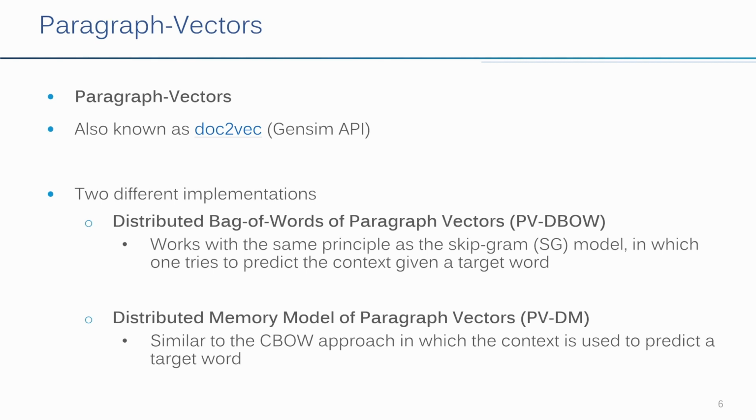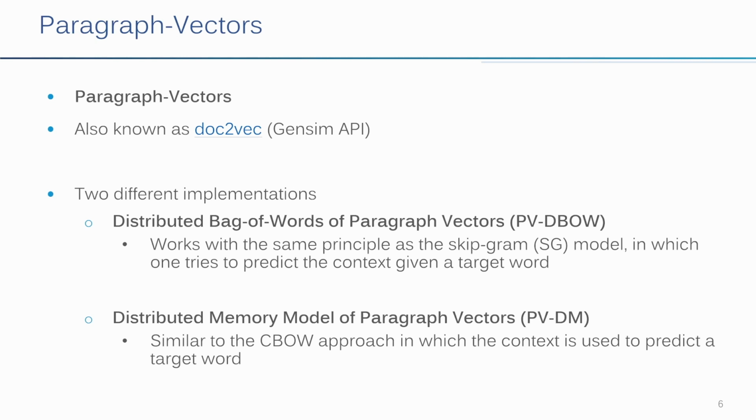As Word2Vec, we have two different implementations. One is called distributed bag of words of paragraph vectors, and the other one is distributed memory model of paragraph vectors. The first one, DBOW, is analogous to the skip-gram model from Word2Vec, in which one tries to predict the context given a target word.